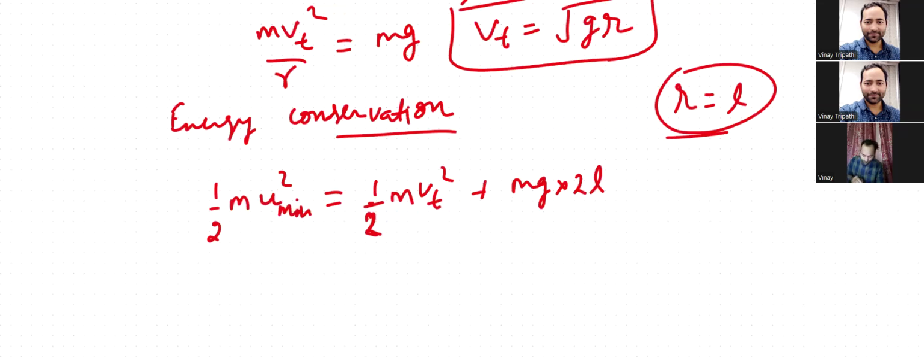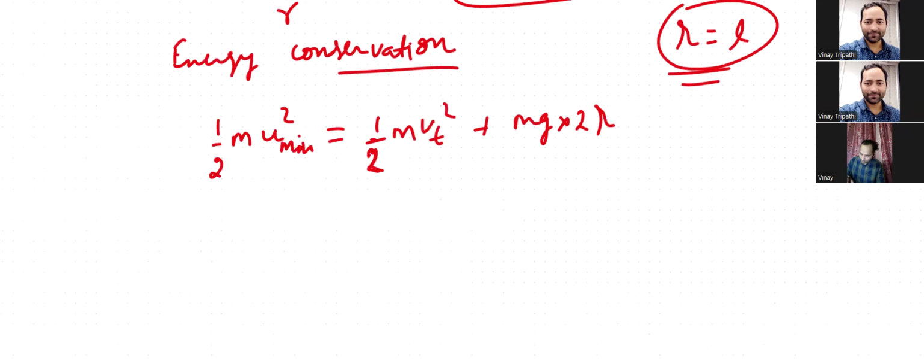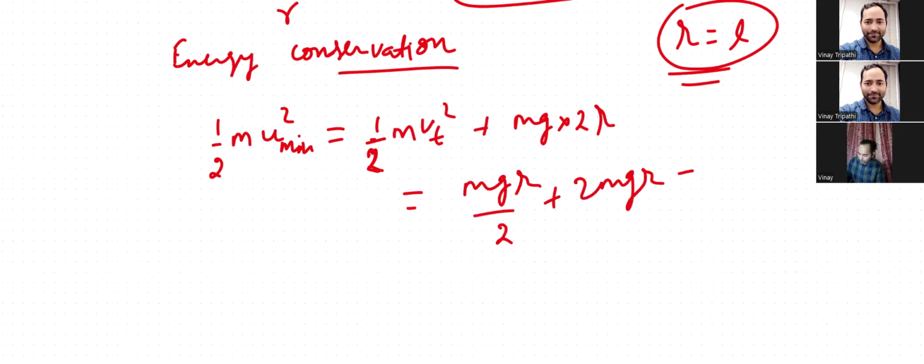So 2r. When you put v top equal to root gr, you will get mgr by 2 plus 2 mgr, and this would be 5 mgr by 2. Fine.